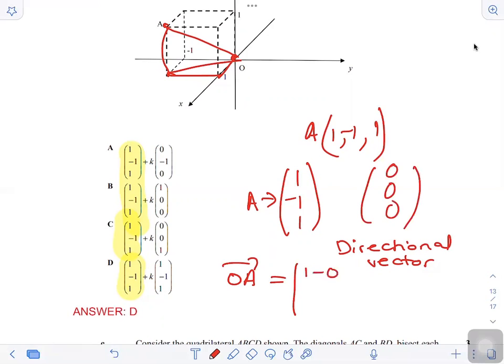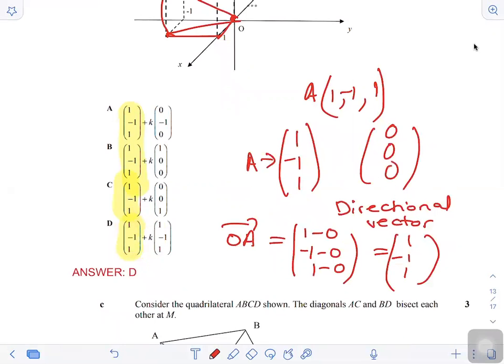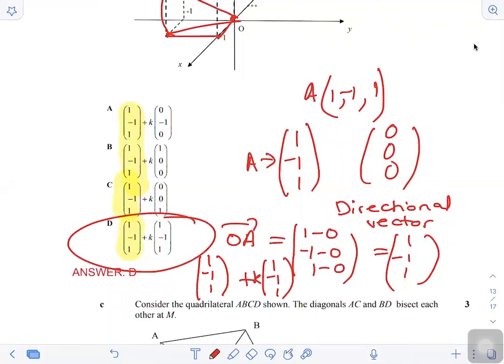So it's 1 - 0, -1 - 0, 1 - 0, which is (1, -1, 1). That will be your directional vector. So your actual equation would be (1, -1, 1), a point that lies on it, plus k times (1, -1, 1), which you see there is D.